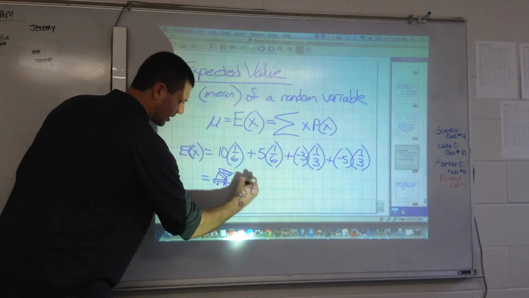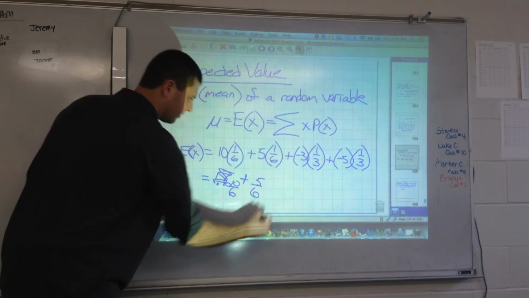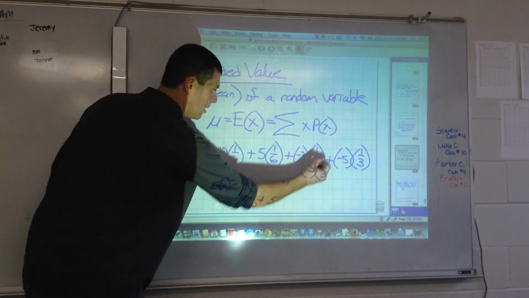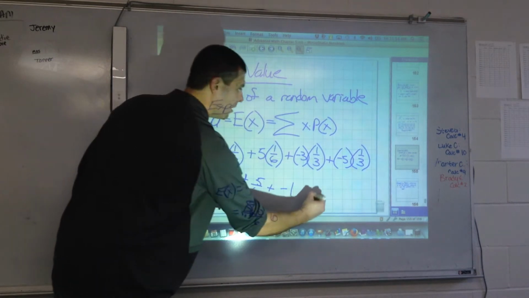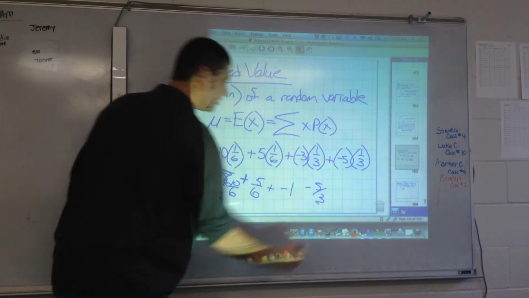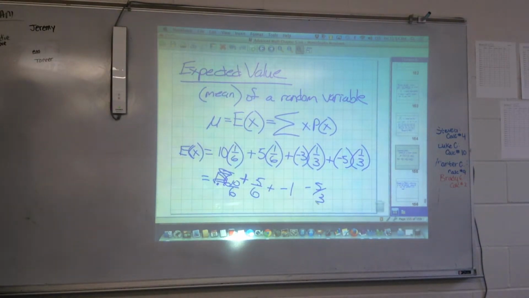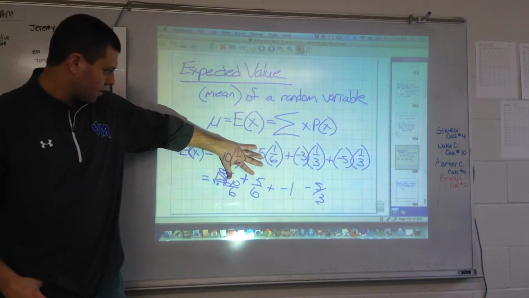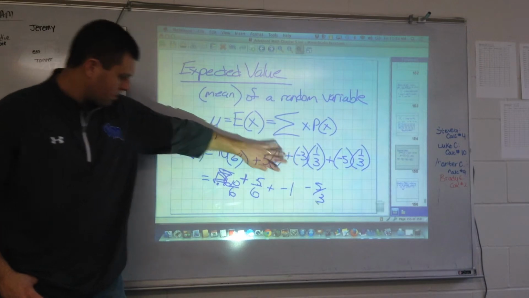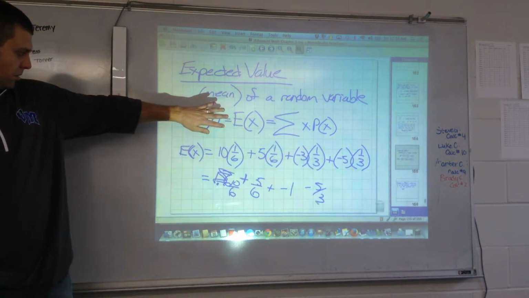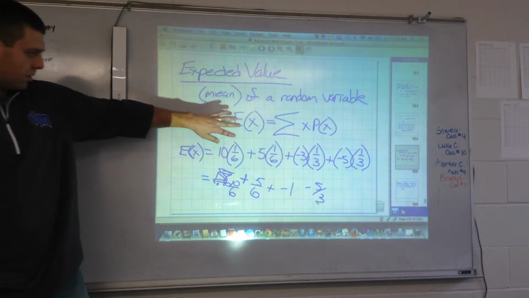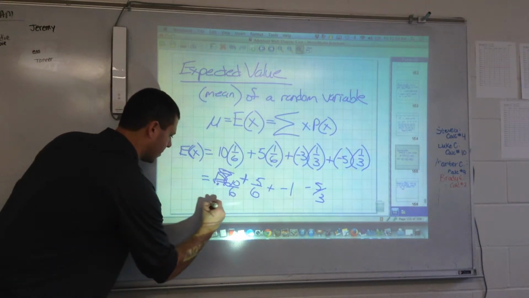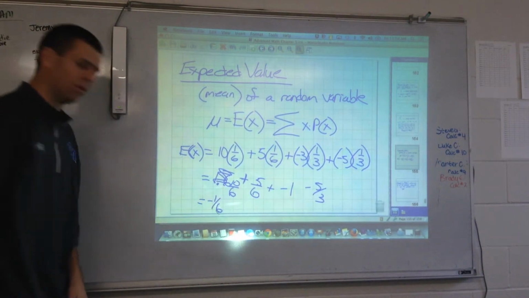If you guys want to do this on the calculator, that'd be great. 5/6. -1. -5/3. So 15/6 minus, that would be -9/6. Did you get -1/6 or negative?